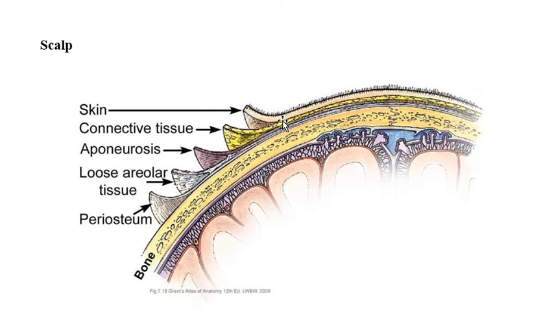Loose areolar tissue is a sponge-like layer including potential spaces that may distend with fluid as a result of injury or infection. Pericranium is a dense layer of connective tissue that forms the external periosteum of the neurocranium, which is firmly attached but can be stripped fairly easily from the cranium of living persons.